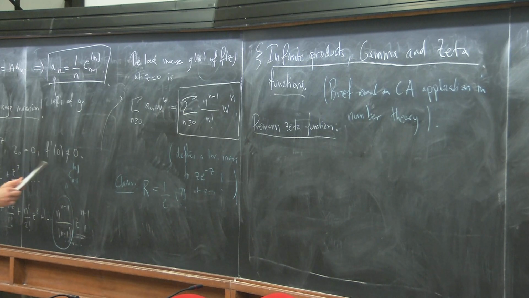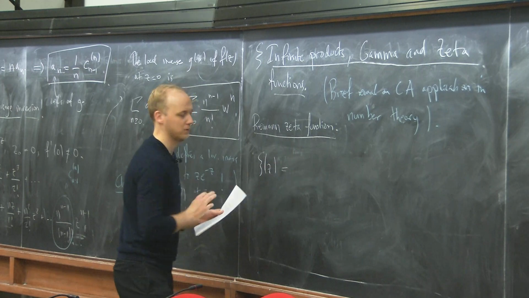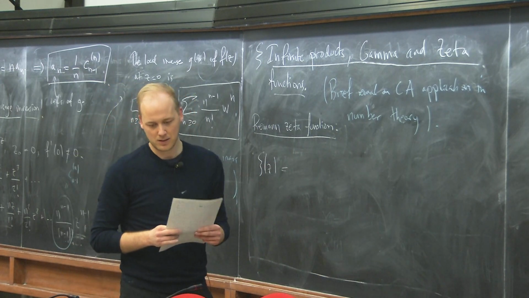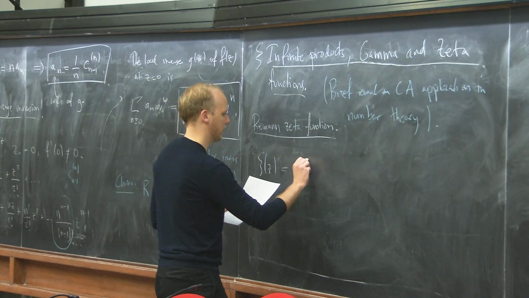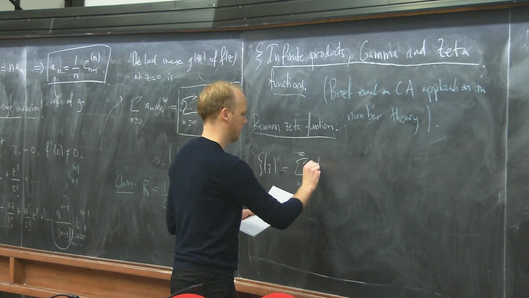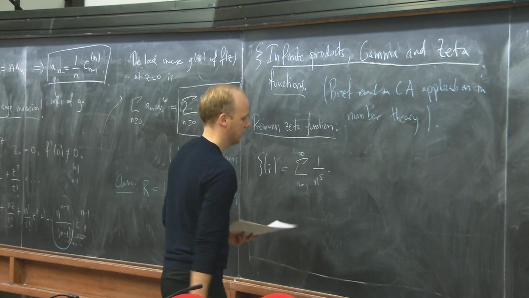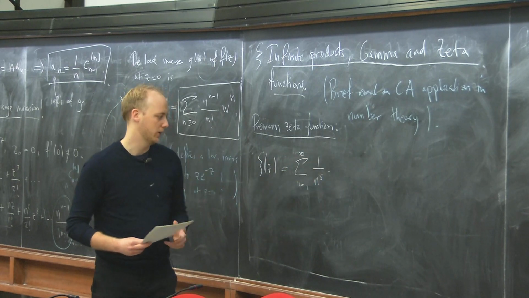So the Riemann zeta function is given by the definition that he wrote down here on page 1 of this paper. It's the sum from n equals 1 to infinity of 1 divided by n to the power s.